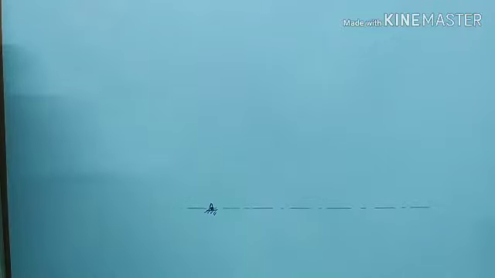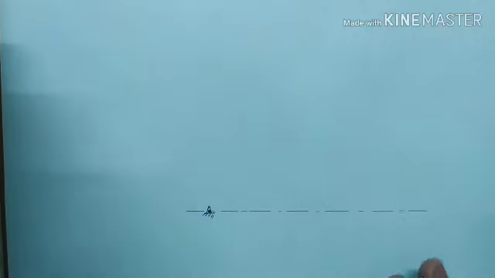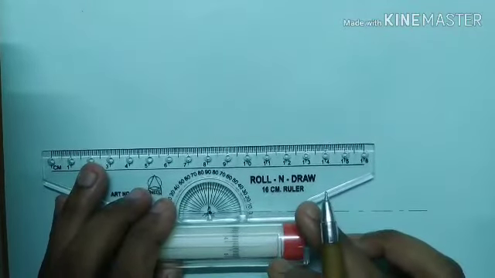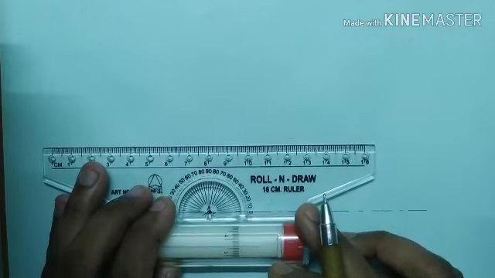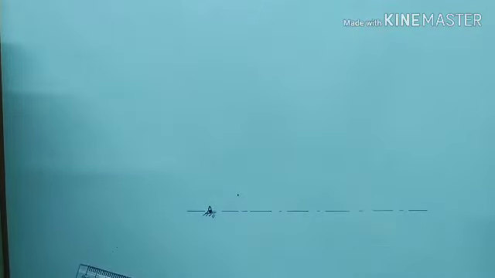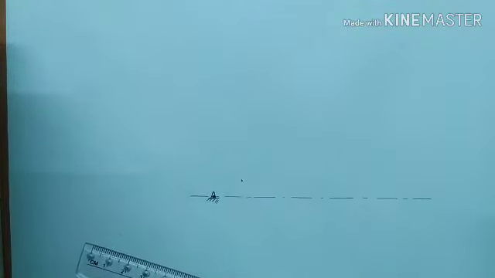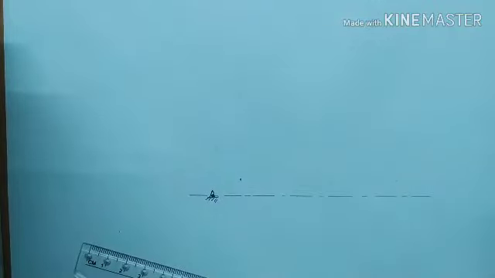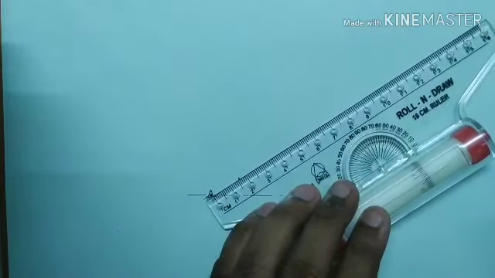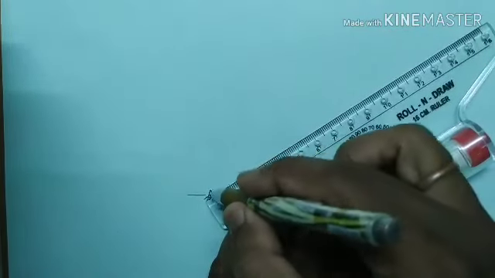From the crank, they have said there is an inner dead center of 30 degrees, so we draw a line of 30 degrees from this point. Then the length of the crank is 200 mm. With respect to scale calculation, it will become 2.5 centimeter, so I have to draw a line of 2.5 centimeter.